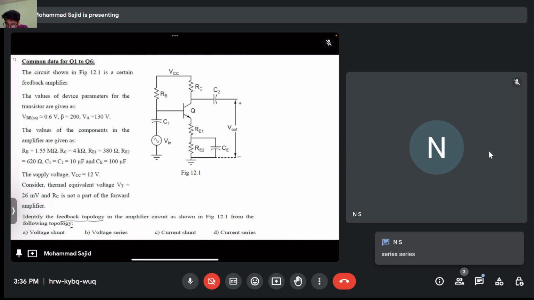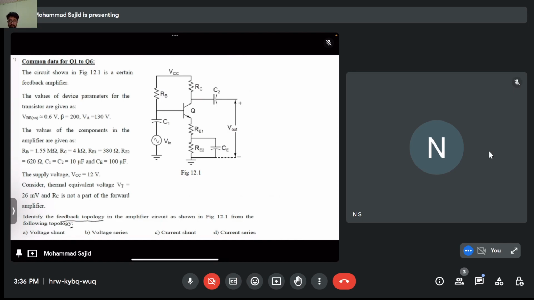Are you able to understand it? Okay, series means you are taking a sample current at the output, right? And look again, what are you applying at the input?